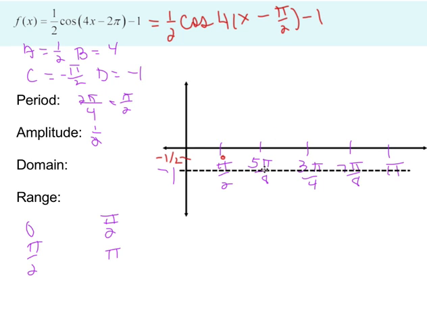It's going to go down to the x-axis. It's going to go down in amplitude to -3/2. Back up to the x-axis, and then back up in amplitude. So draw it in. Oh, I don't like how that's coming out. Let's make that more curved.